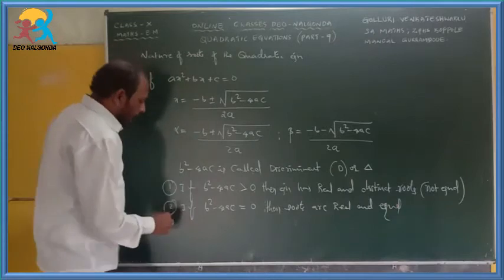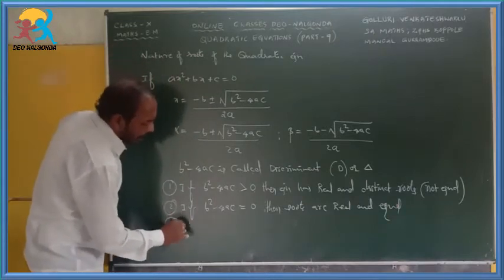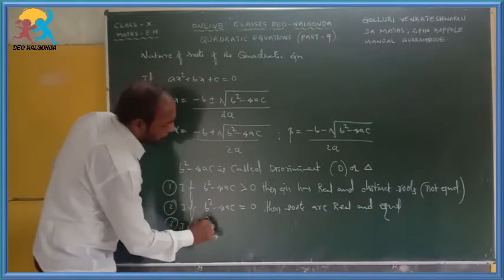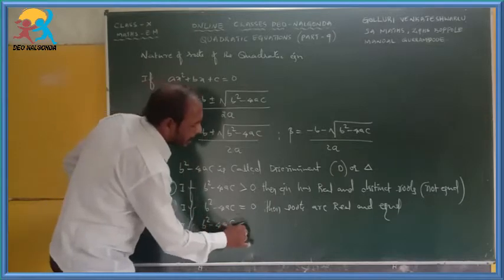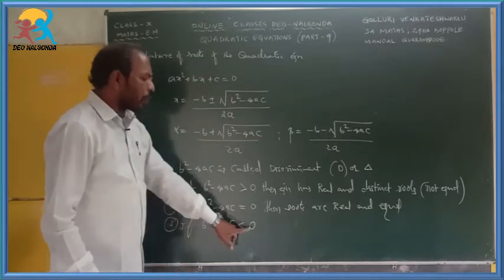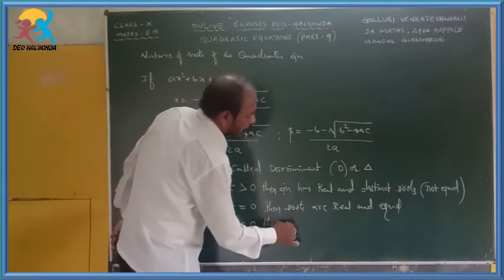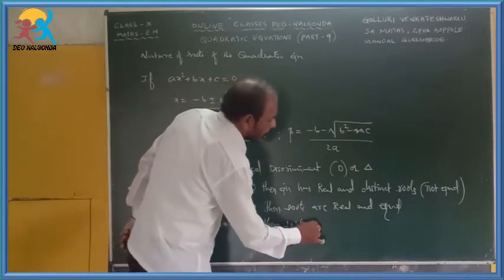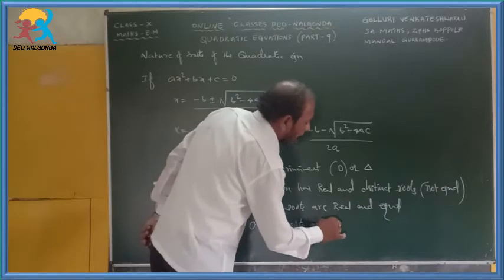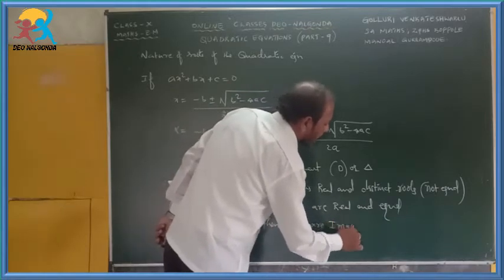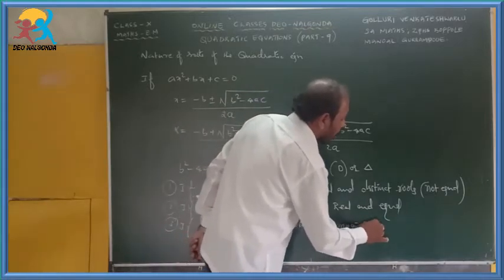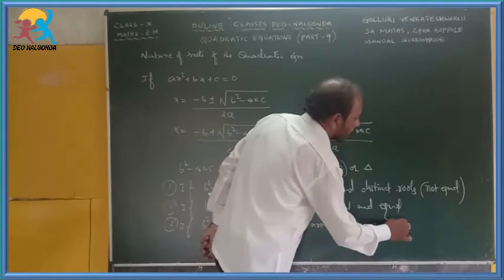So in the third case, if b square minus 4ac is less than 0, then roots are imaginary or complex. Why?